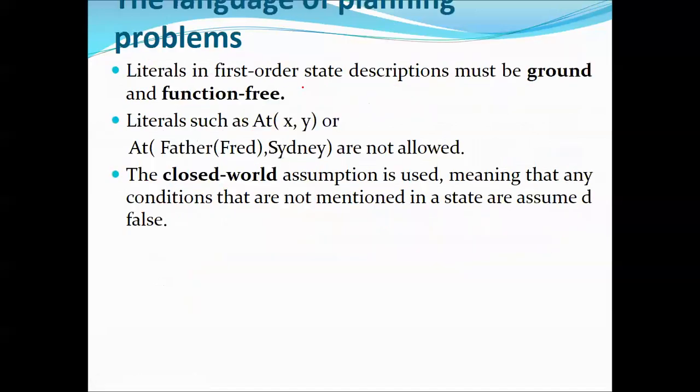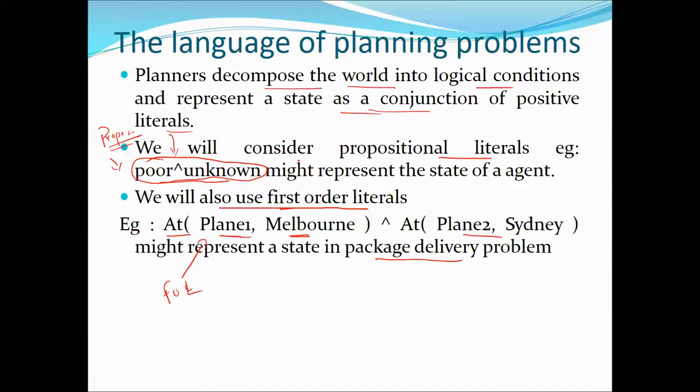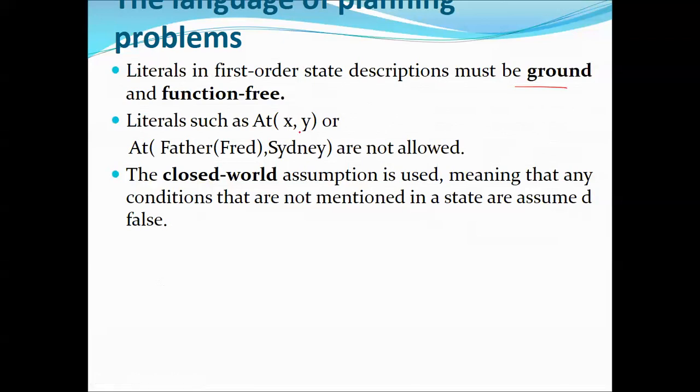So, as was mentioned, the literals in the first order state description must be ground. That is, you have to use only ground terms. You cannot use any variables, and it should also be function free. So a literal like At(x, y) is invalid, because x is a variable and y is a variable.